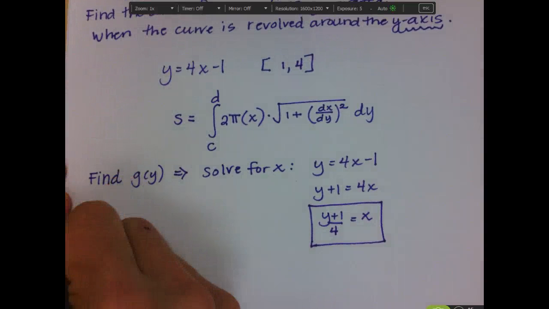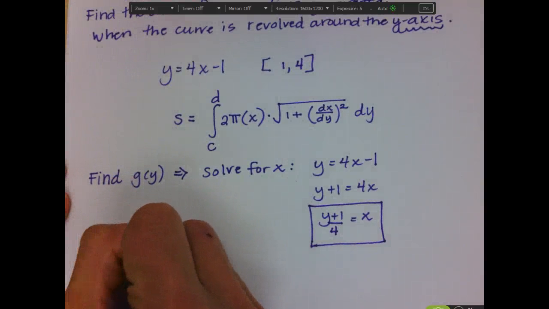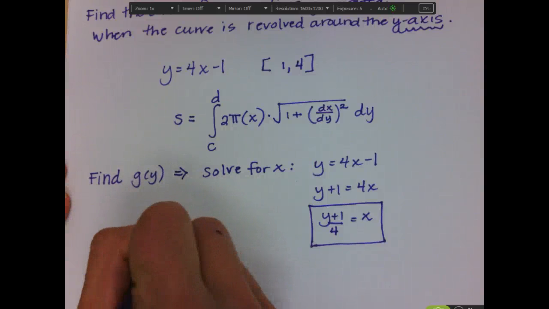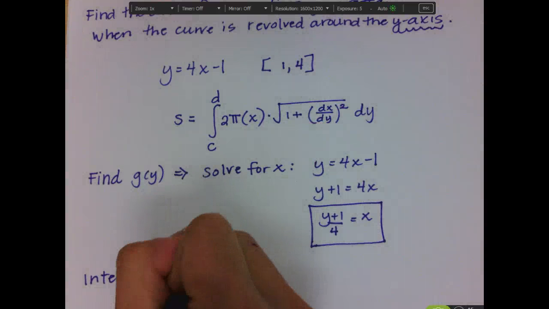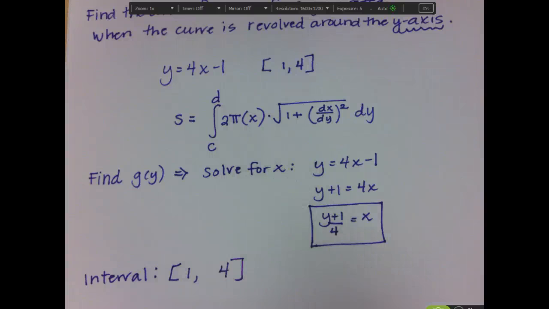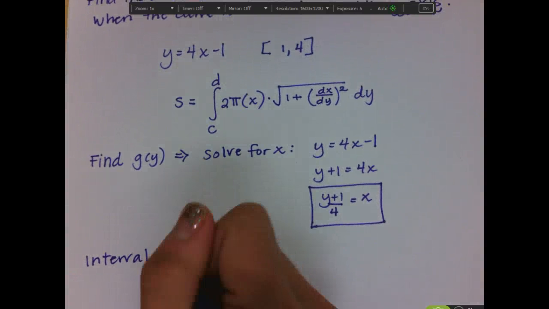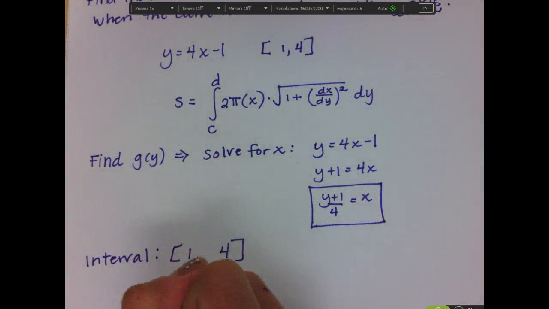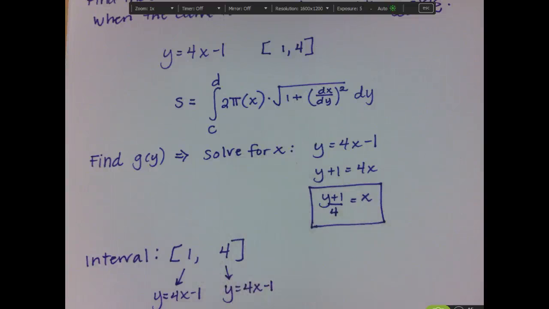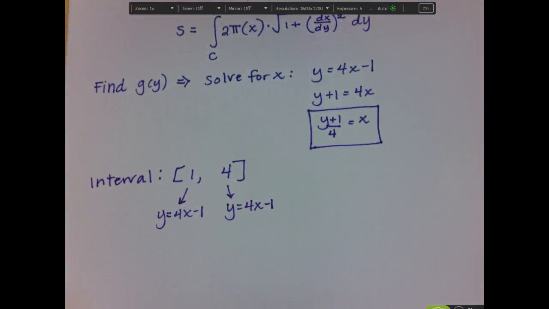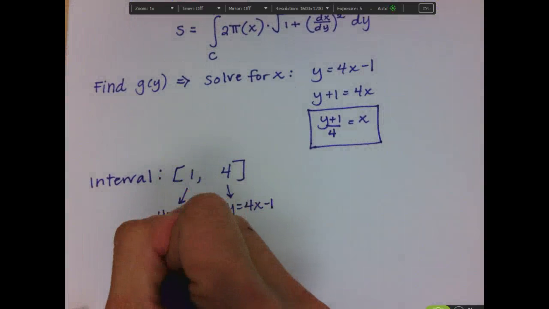The other thing that I need to do is figure out the interval in terms of y. And that'll help me determine my c and my d, the limits of integration. So remember, I started with 1 and 4, and those are in terms of x. So in order to find the corresponding y value, I need to use the given relationship between x and y, which is that y should always equal 4x minus 1.